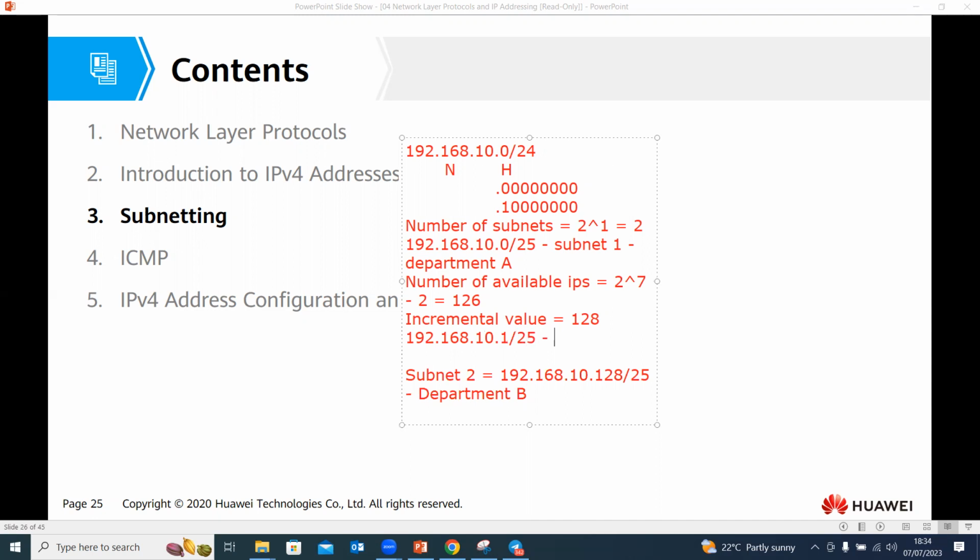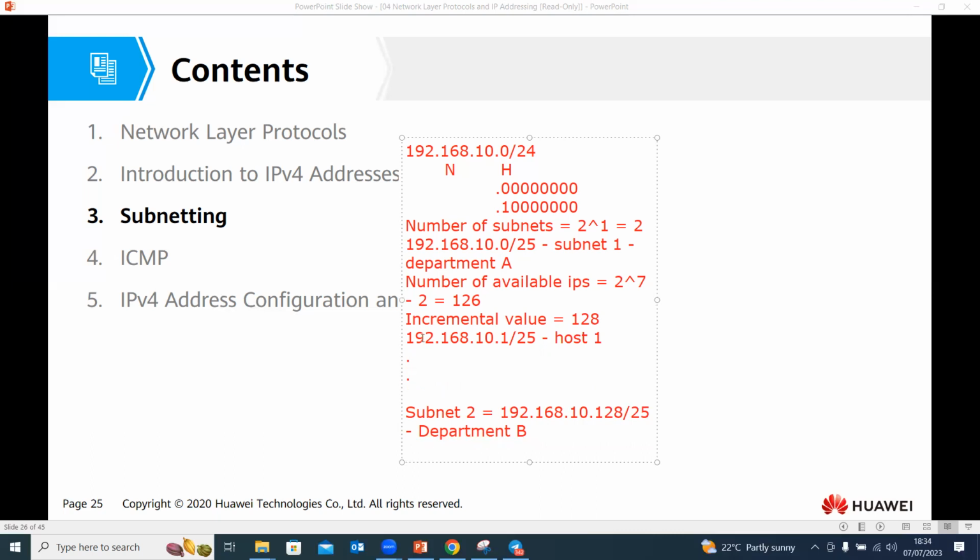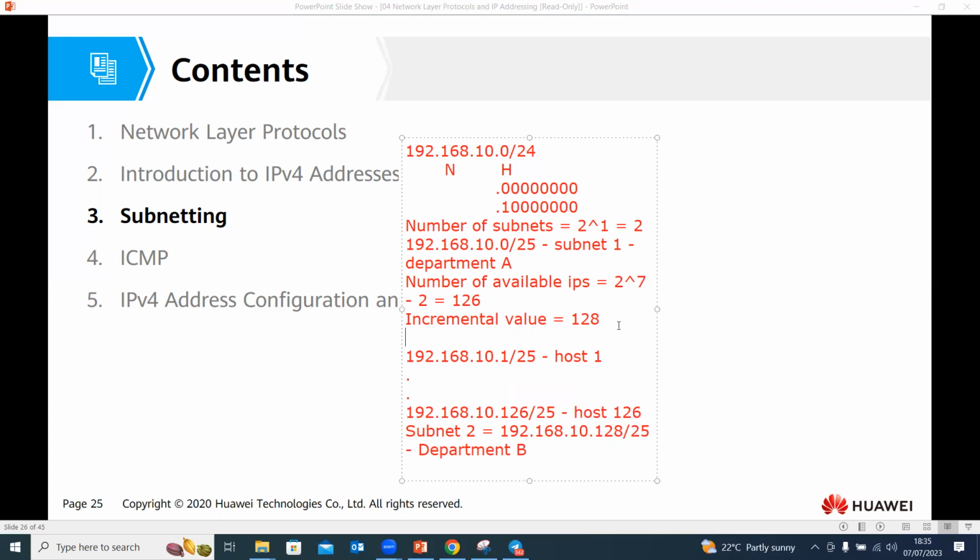You give it to host 1, and you move like that up to the last person, because you have 126 available IP addresses, meaning those are 126 hosts, up to 192.168.10.126/25. That's the last host, host 126.